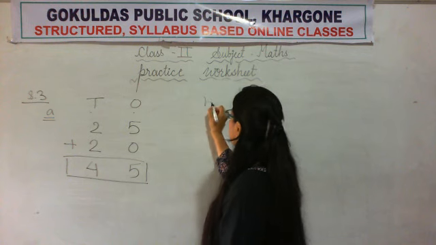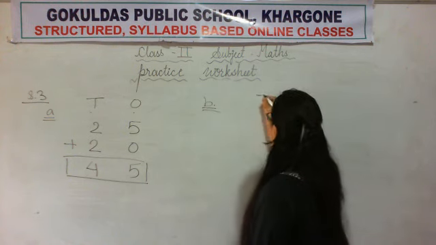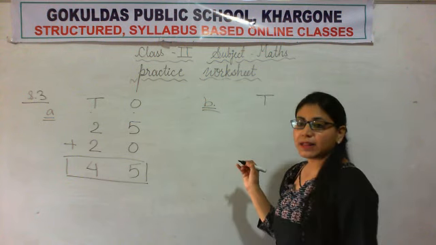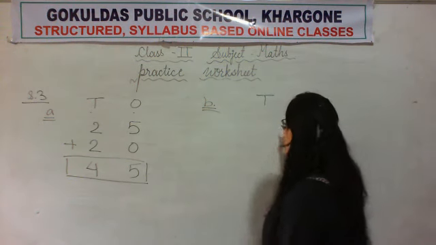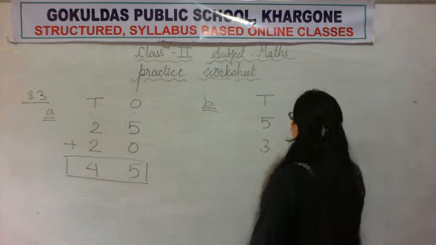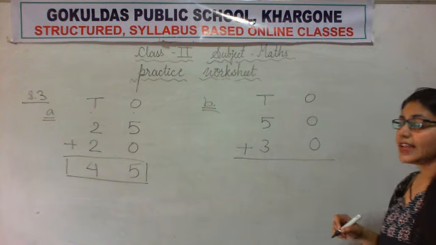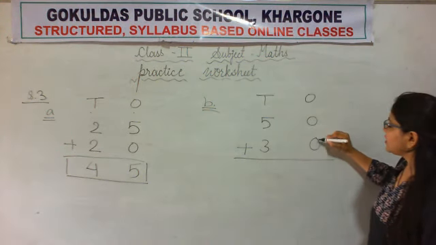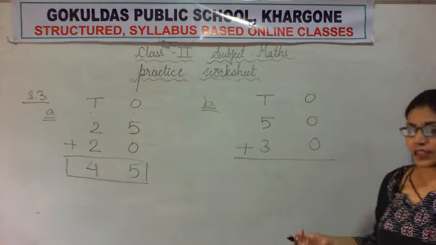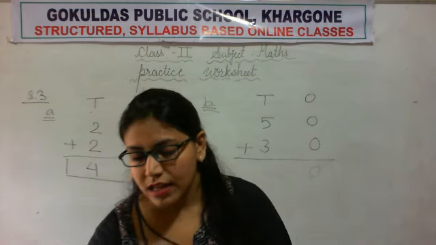Okay. Now part B is 50 plus 30. Again first of all we will write tens and ones places. First number is 50, we will write 50 and the second number is 30, so we will write 30. We'll put the plus sign. Now we will add ones to ones. 0 plus 0, 0. Now 5 plus 3.